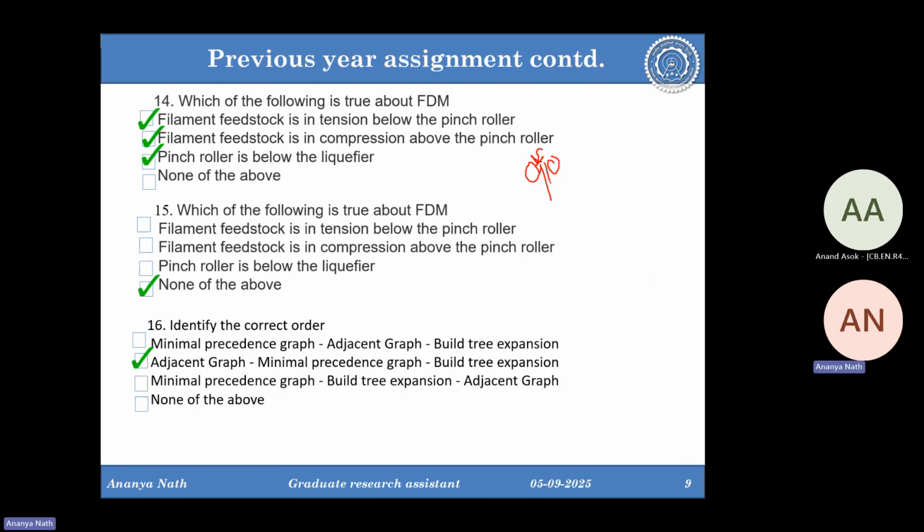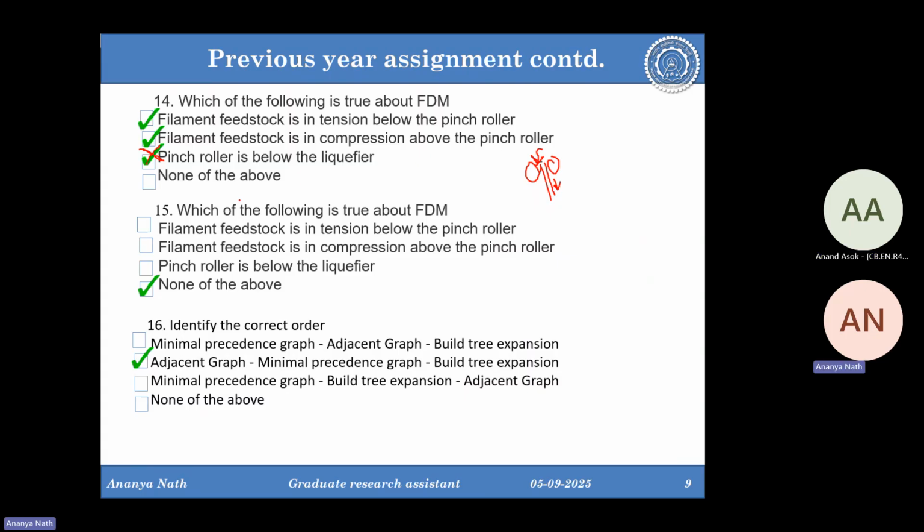Your wire is coming, so this is in tension, this is in compression. And the pinch roller is below the liquefier. This is not true. Actually, this is wrong. Maybe it was misprinted. Liquefier is below the pinch roller, right? Yeah, liquefier is below the pinch roller.